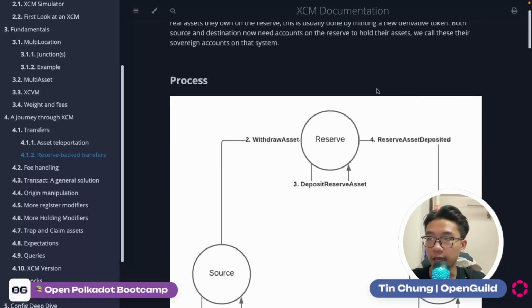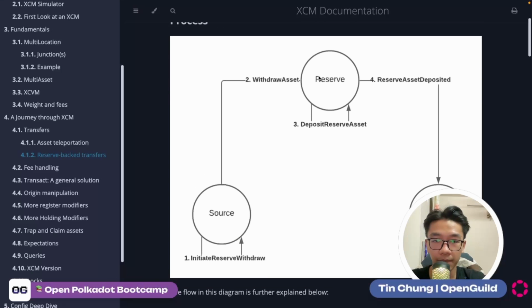What there is to do is, on this reserve chain, both the source chain and the destination chain have to register an account on the reserve blockchain. Then the source chain is going to have a derivative token, a new derivative token backed by the real asset that actually exists on the reserve chain, and the destination chain is also going to have a derivative token backed by the asset on the reserve chain as well.